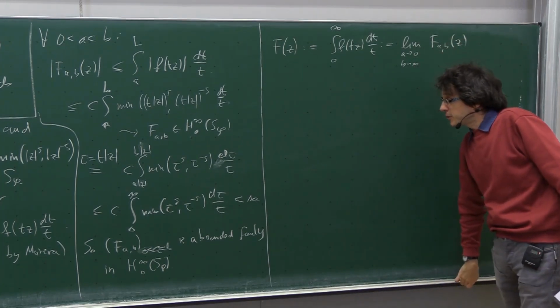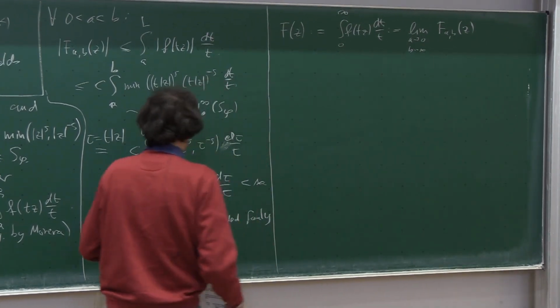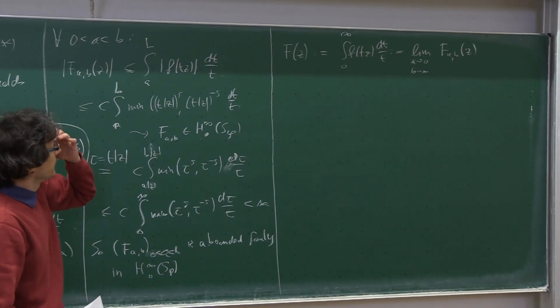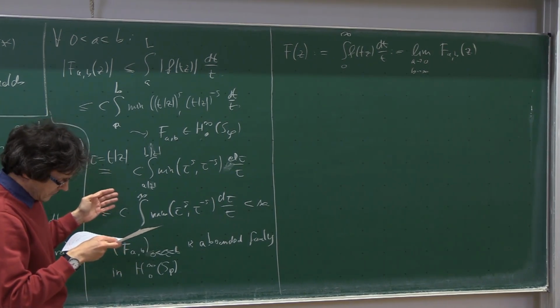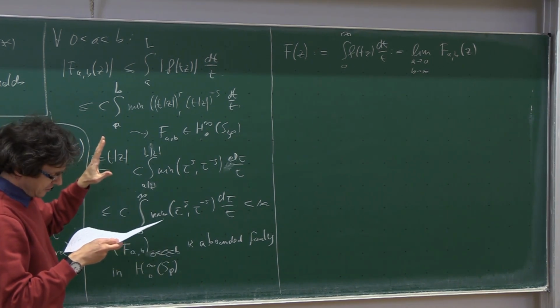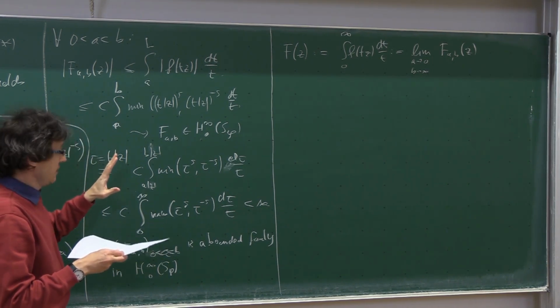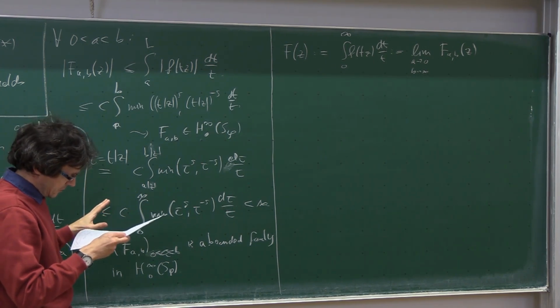And we can now conclude that this exists because for every z this exists on every compact subset of S_phi.